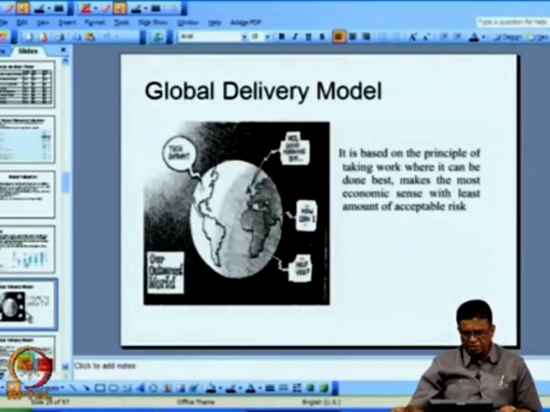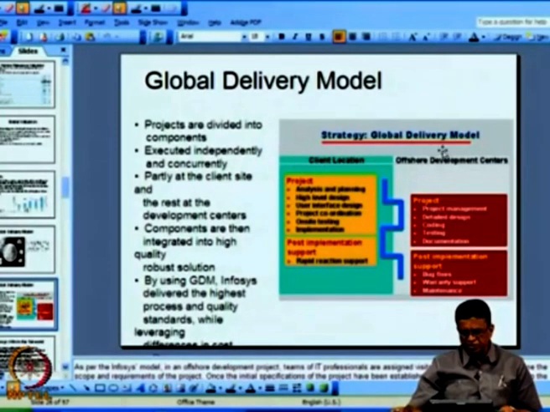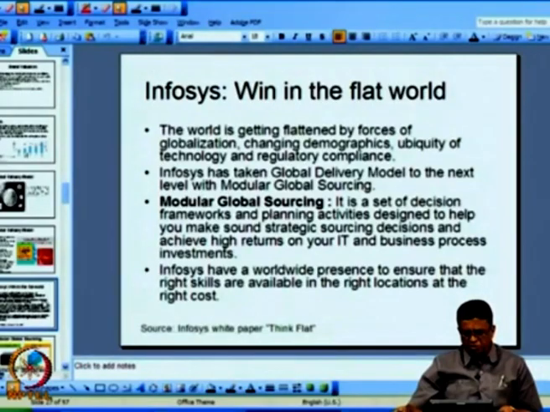Then the global delivery model, what does it tell you? This is what I just mentioned to you, and the book also gives you this strategy of the global delivery model and how it is done: client location, offshore development centers, what the company does.